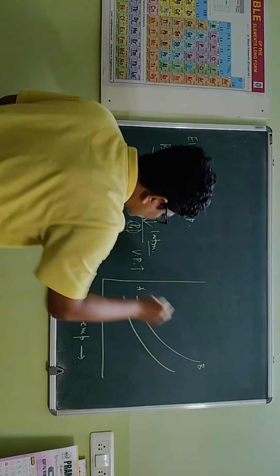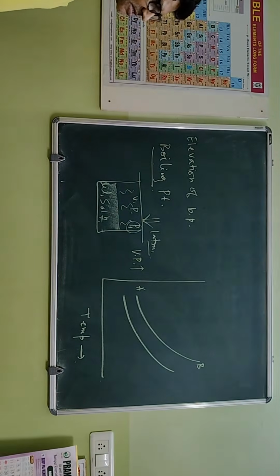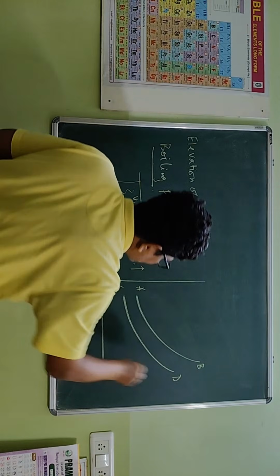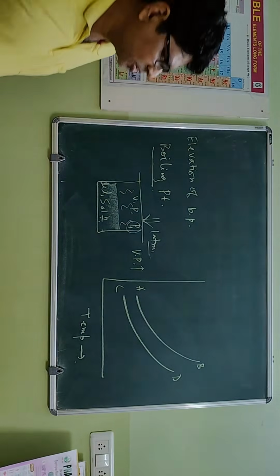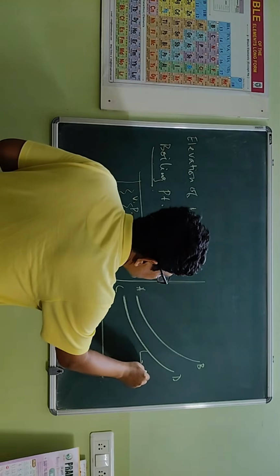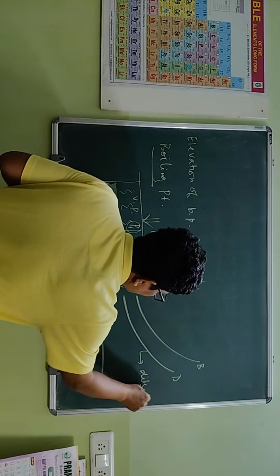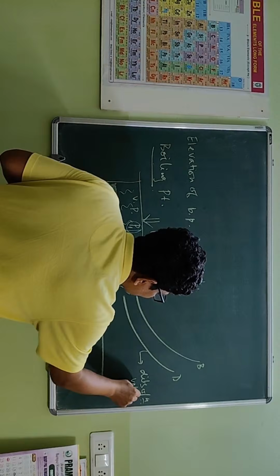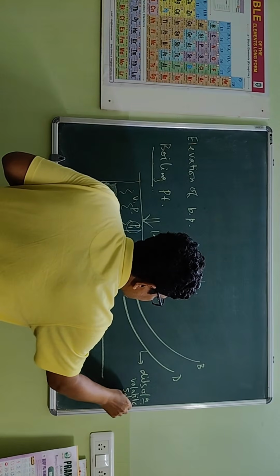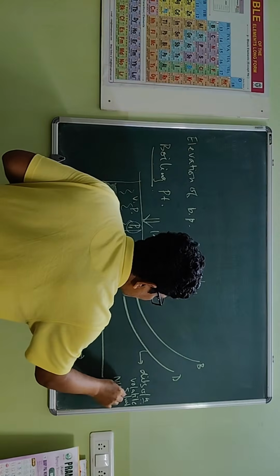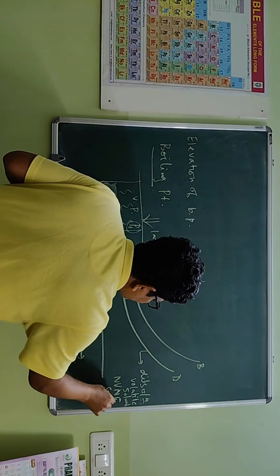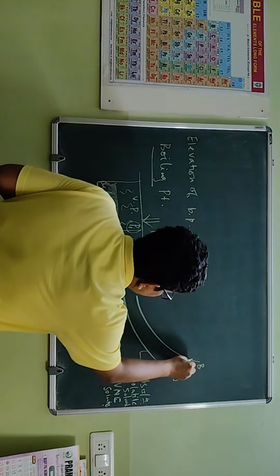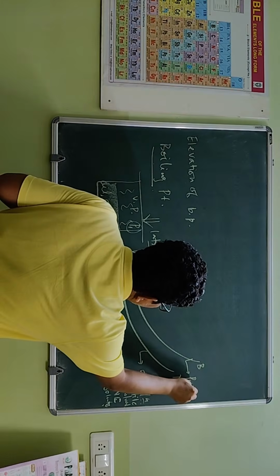The AB curved line shows the vapor pressure curve for pure solvent, and the CD curve shows the vapor pressure curve for dilute solution. Here we consider the dilute solution made of volatile solvent and non-volatile, non-electrolyte solute. And the AB curve is due to the pure solvent.